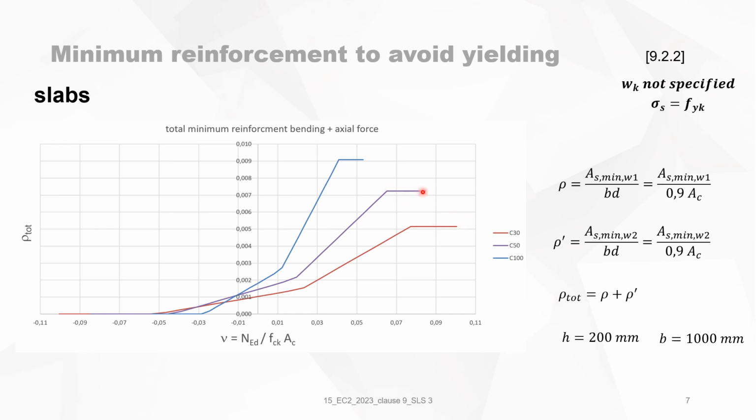And for high strength concrete, it's also proportional from this to this according to this slope. So it's always lines in between. So now you can draw for each section an interaction diagram like this. You can draw it with rho accent separately, or you can draw it for the total rho.